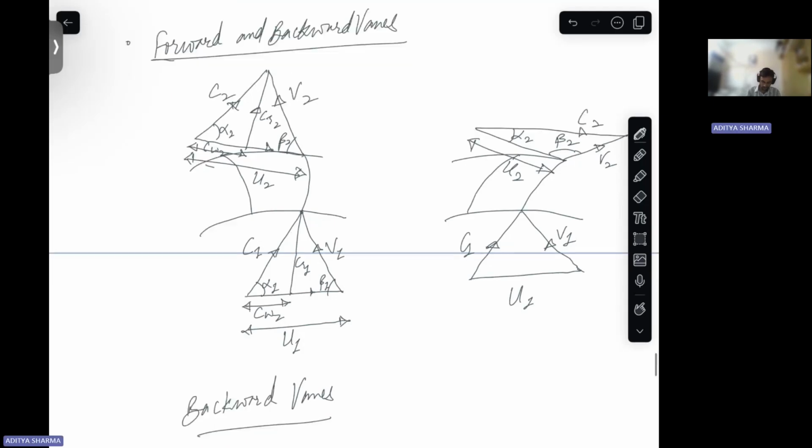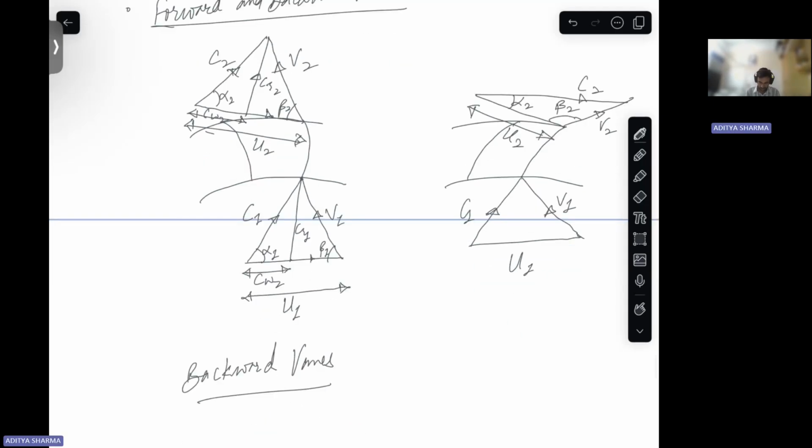In your backward vane, beta 2 is less than 90 degrees, which I believe we called acute angle. And for forward vane, your beta 2 is greater than 90 degrees, which I believe we call obtuse angle.